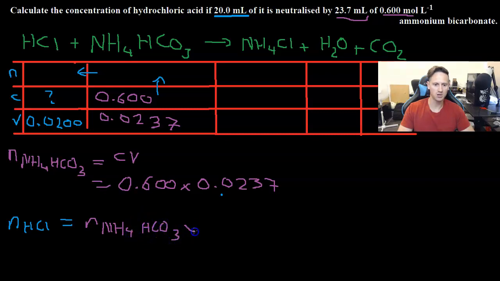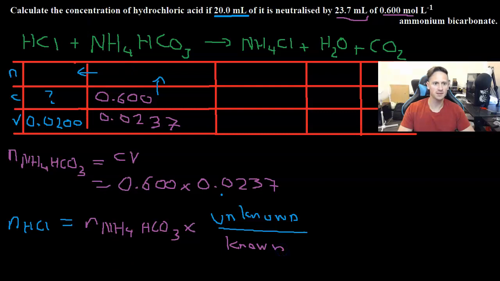Now the mole ratio is the coefficient of the unknown substance, which in this case is our HCl, divided by the coefficient of the known substance.